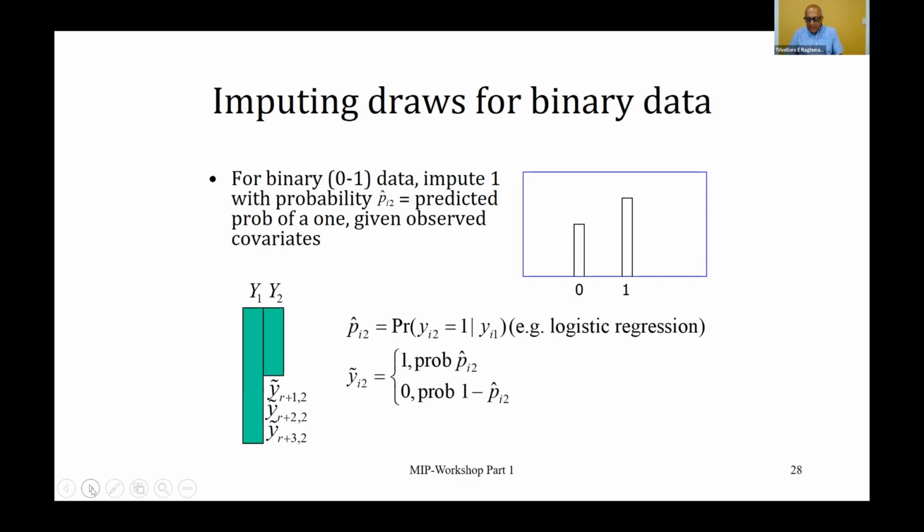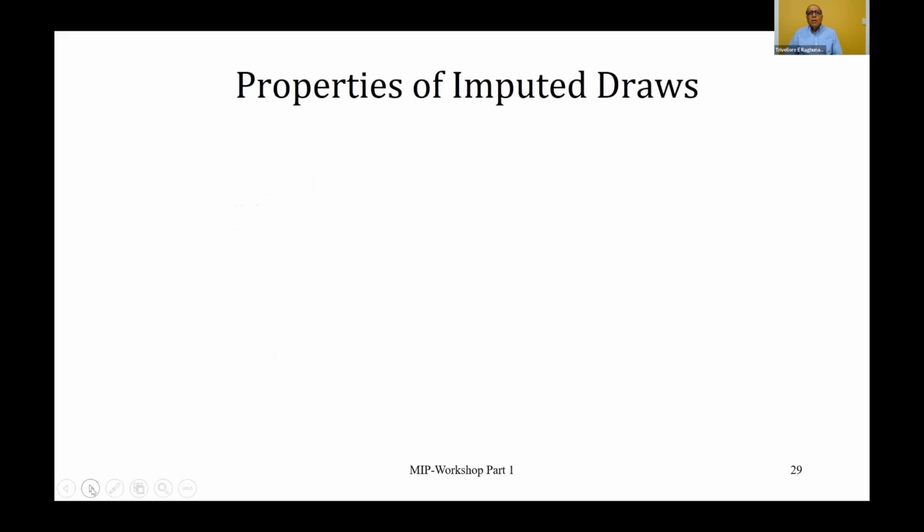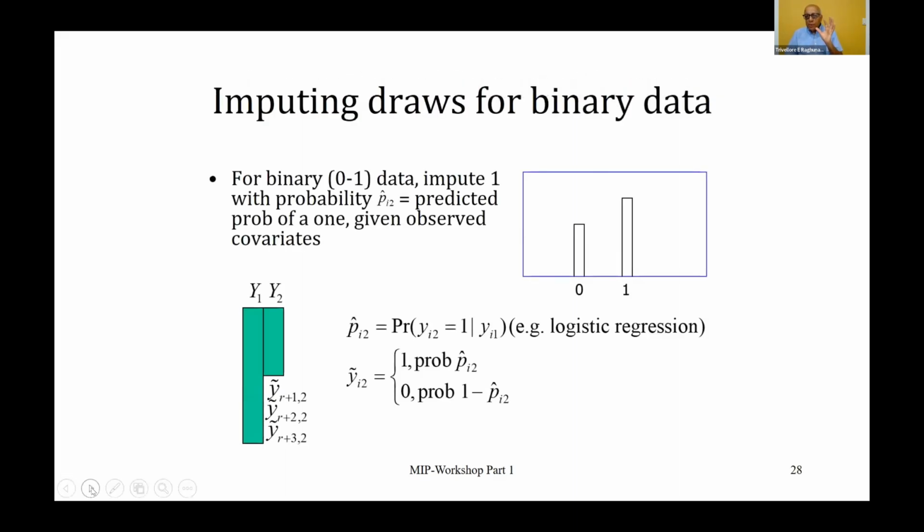Now, these methods are called not proper, because I'm estimating the model, and therefore there's an uncertainty in the estimated model.